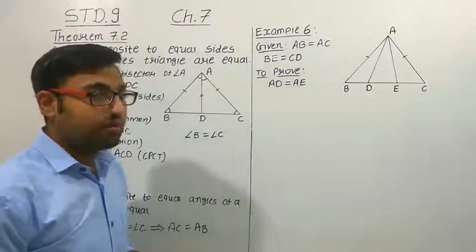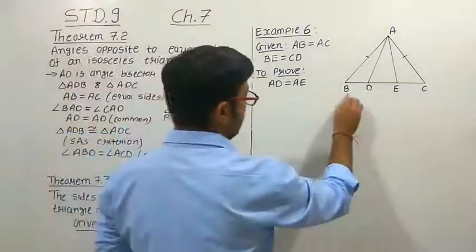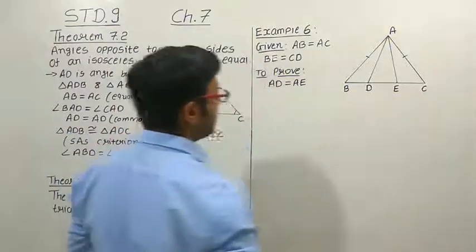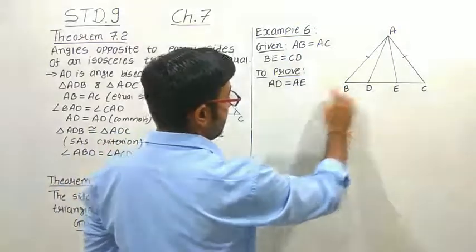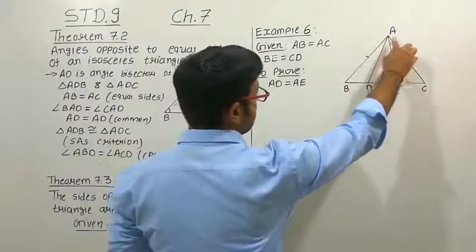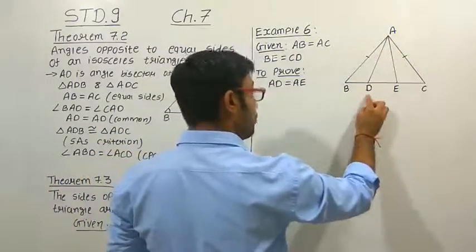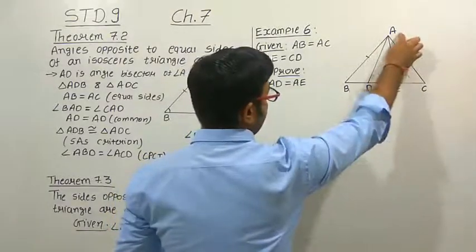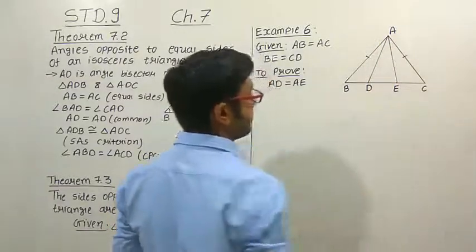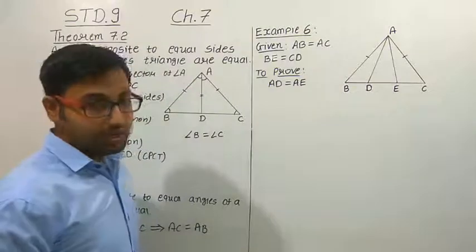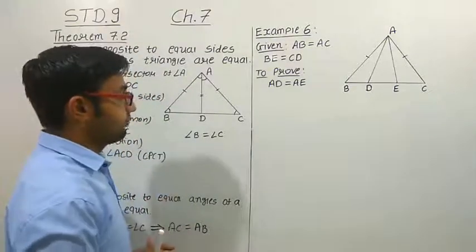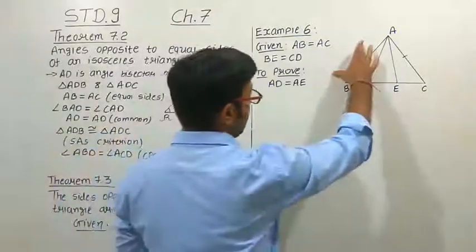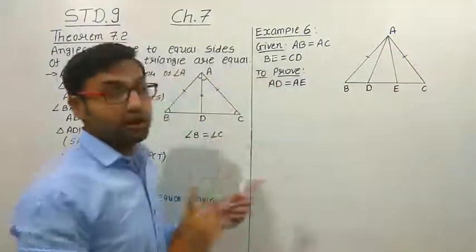So which triangle do we have to consider? See, we have to consider the two triangles in which the sides AD and AE are there. So AD is there in triangle ABD, and it is also there in triangle ADC. So out of that, which triangle do we have to consider? Let us first of all focus on what we are given. We are given that sides AB and AC are equal.